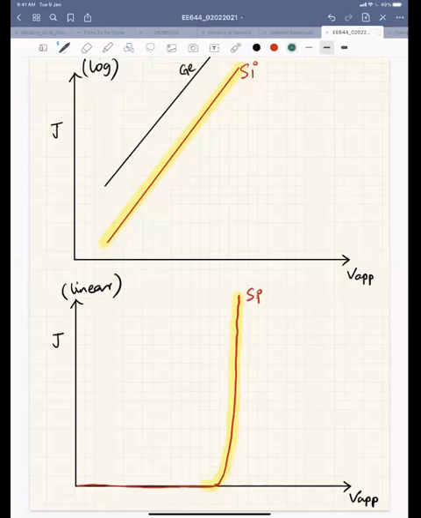And if I do it for gallium arsenide, which has a higher band gap than silicon, then my current will be like this. I could draw it as a straight line. So this is gallium arsenide. And if you plot in the linear axis, you'll also have something like this.